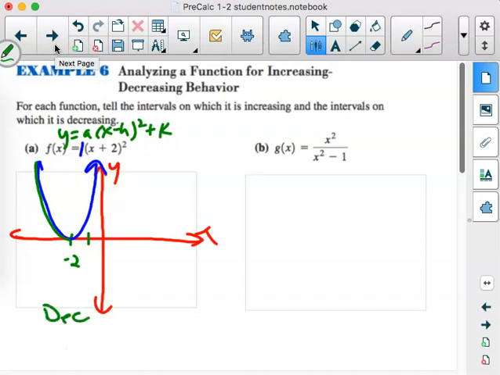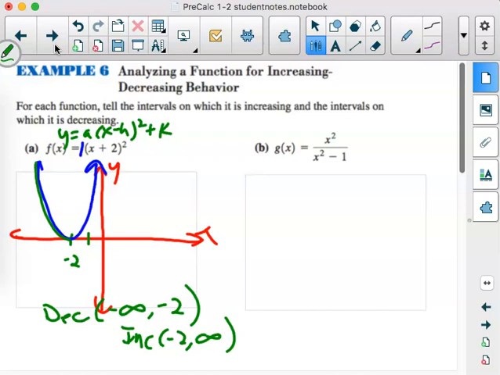So my first interval is going to be a decreasing interval, and that's from negative infinity to negative 2. The rest of this increases. It starts taking off over there. So increase from negative 2 to infinity. Now that's a pretty basic graph there. It's a parabola, and we've studied that.